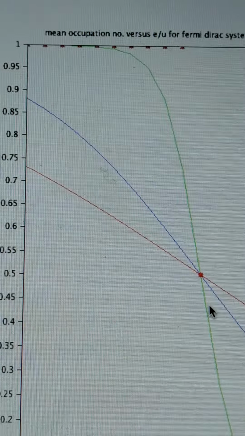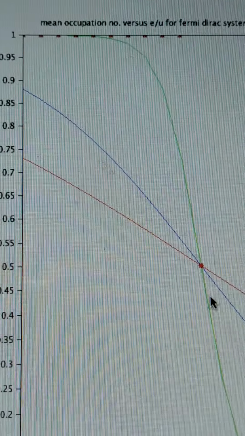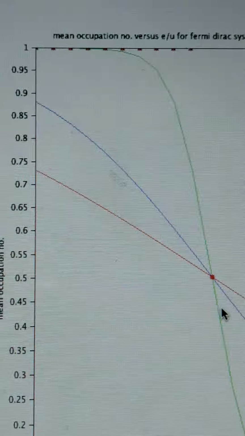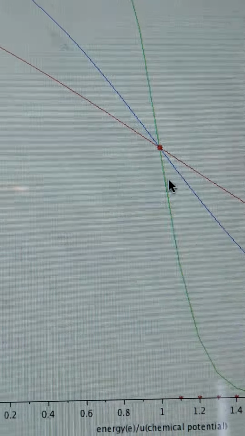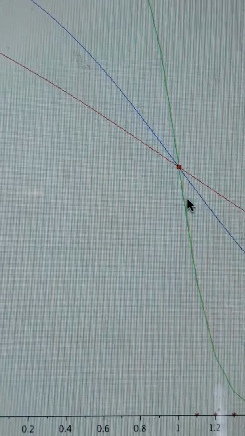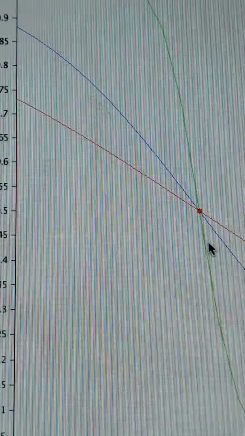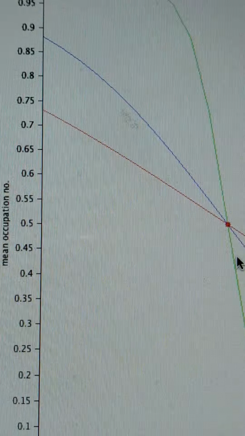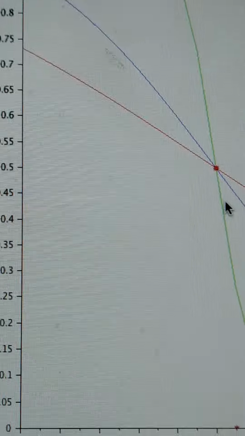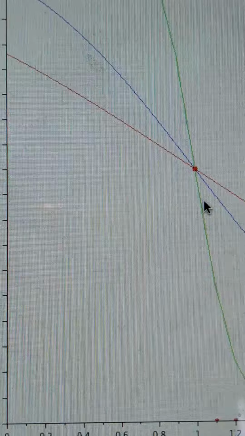One thing I would like to tell you, you must have studied that in the graphs, for whatever temperature, when epsilon is equal to mu, that means epsilon by mu is equal to 1, all the graphs will pass through 0.5. That means the mean occupation number has to be 0.5, whatever be the temperature at epsilon equal to mu.